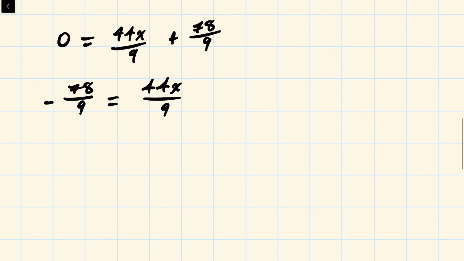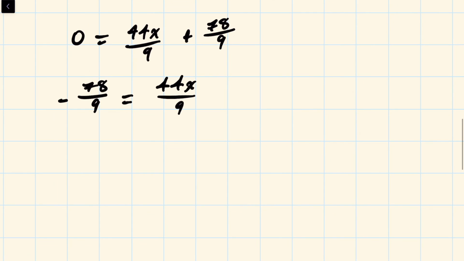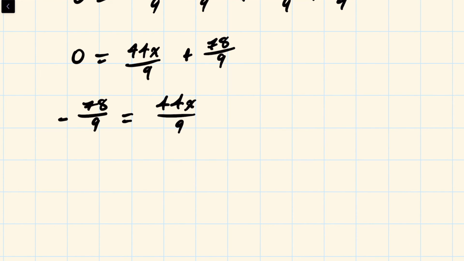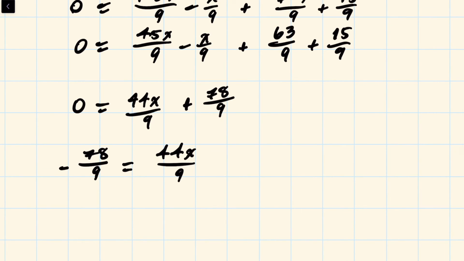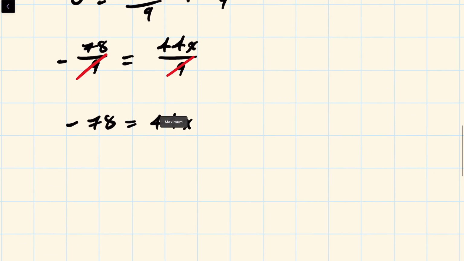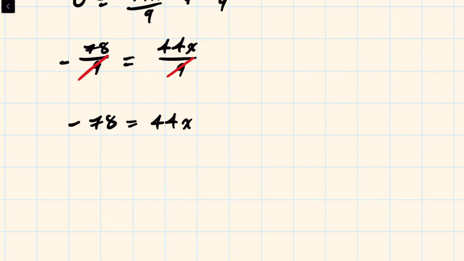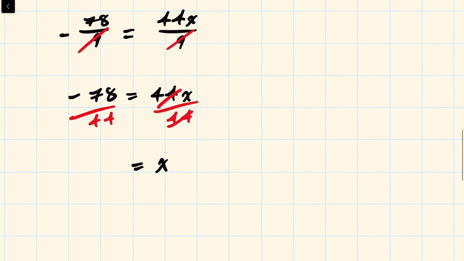Now we have a common denominator across both sides of the equation, so we can cancel it. Negative 78 is equal to 44x. Then just divide both sides by 44, and they cancel, so x equals negative 78 over 44.